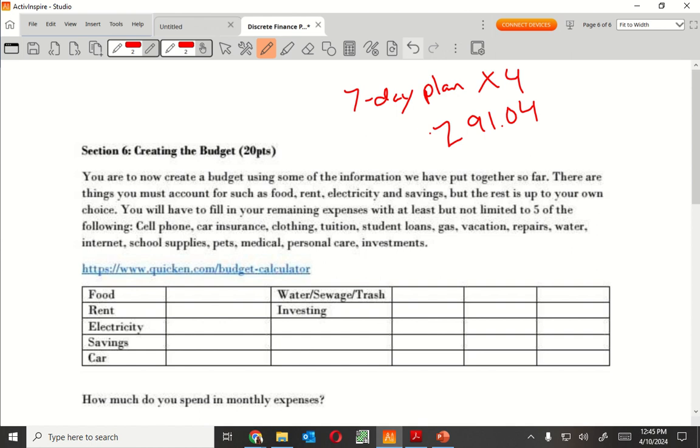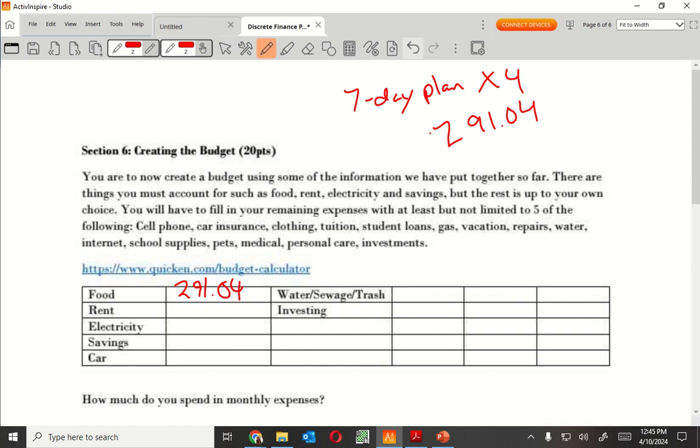Okay, good. So, from the 7-day food plan, that was actually an assignment that everyone had to do anyway. You just put your answer there, multiplied by 4. So you didn't have to go crazy and guess and all that. So he already had his, which is 291.04.